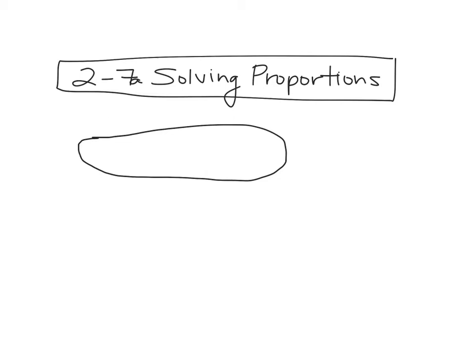If I were, you don't have to draw this. You can just watch this part of it. That's fine. If I were to put 2 red beads on my necklace, and then I put 3 blue beads on my necklace, what's the ratio of red to blue beads? 2 to 3, right? That's a 2 to 3 ratio, okay?